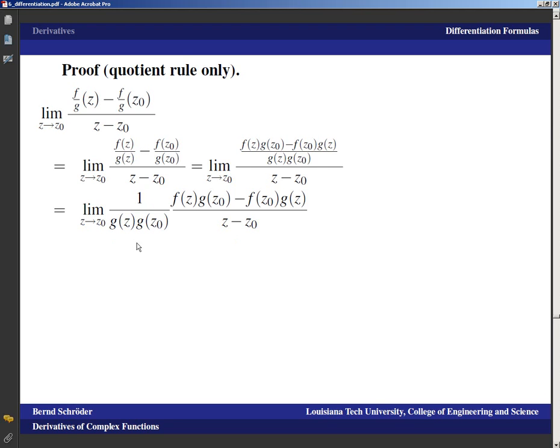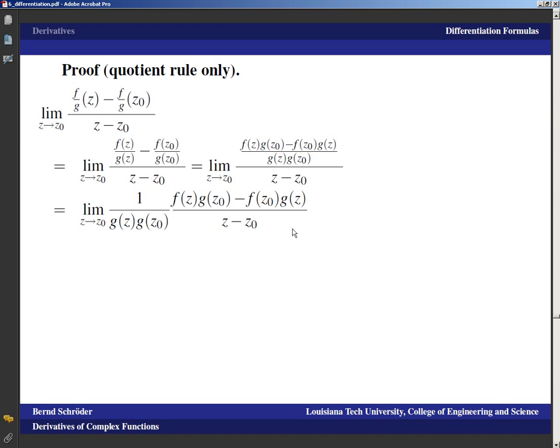Okay, now we need a little bit of ingenuity, if you will. We split this part off because basically this will go to 1 over g of z0 squared. And even if we didn't already know the result, that looks like a limit that we just want to keep separate. These are the guys that we have to deal with, because here's where we have differences. And again, we would like to factor stuff out. We've got a difference of two products, but the products have no common factors.